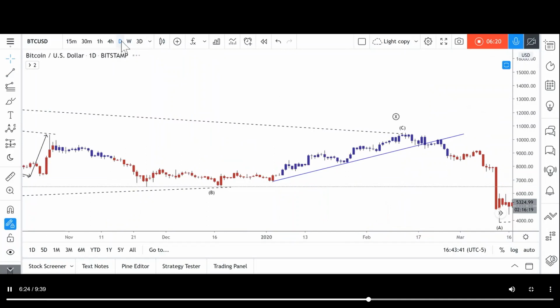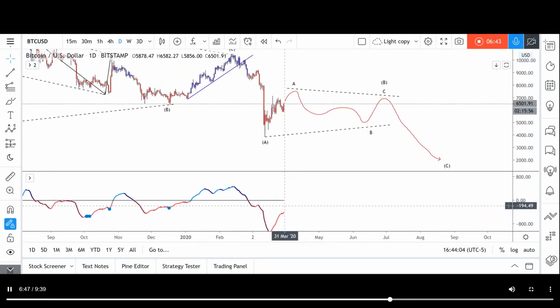But because we have subdivision flips on the daily, on both our W and our X, we would expect subdivision flips on the daily on our Y wave as well, which is why I believe we're going to continue up here. We need to flip this daily MACD to positive before we can start a B wave down.